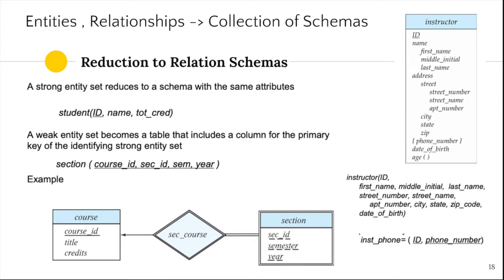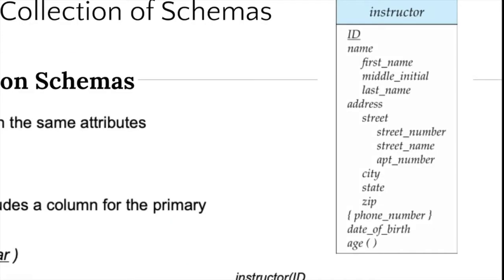And then sometimes we have composite attributes. What we need to do is to flatten the list. So, just make sure that each of the leaf in the tree is a separate attribute.